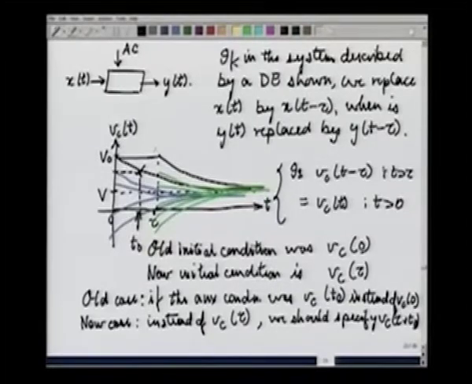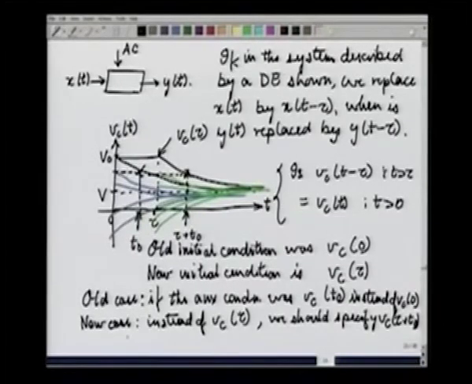So, earlier we had specified Vc of tau, which was this. Now we will specify Vc of tau, this is tau, so tau plus t naught is somewhere over here, and we will specify this value, which of course will turn out to be exactly equal in magnitude and sign and everything to the same value as Vc of t naught for the earlier case.